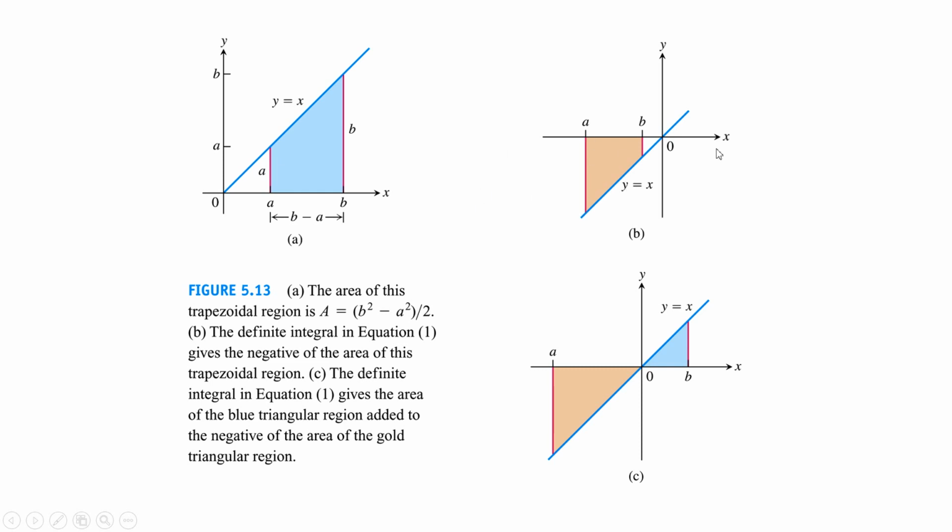It is the negative of the area bounded by the curve, the interval, and the lines x is equal to a and x is equal to b. So in this case, the definite integral gives the area of the blue triangular region added to the negative of the area of the gold triangular region.